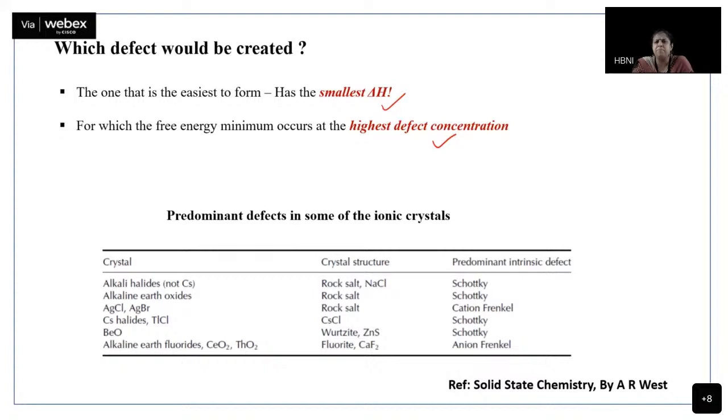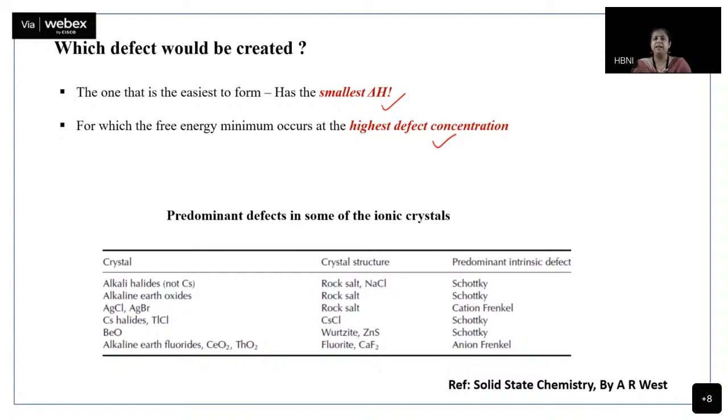in simpler terms. So whether your vacancy would be formed, whether your interstitial would be formed, or whether they would cluster together, that will depend upon the defect that has got smallest delta H, the one for which breaking bonds takes the least energy, or for which the free energy minima occurs at highest defect concentration. Okay, and again, because I'm teaching you all this, let me repeat.